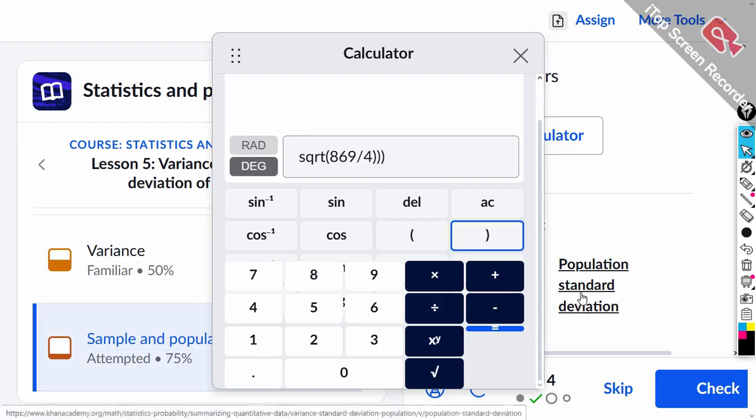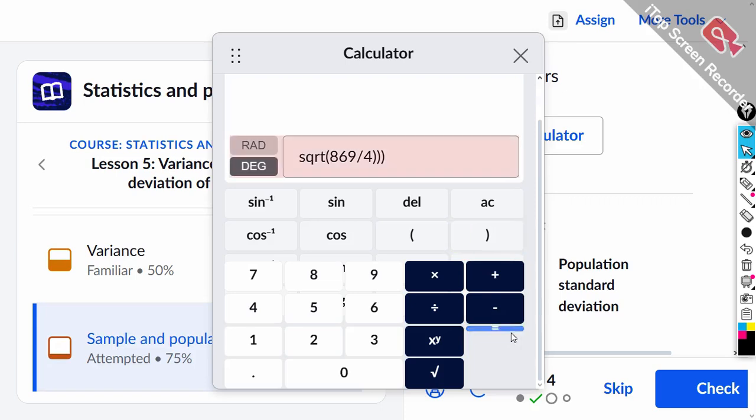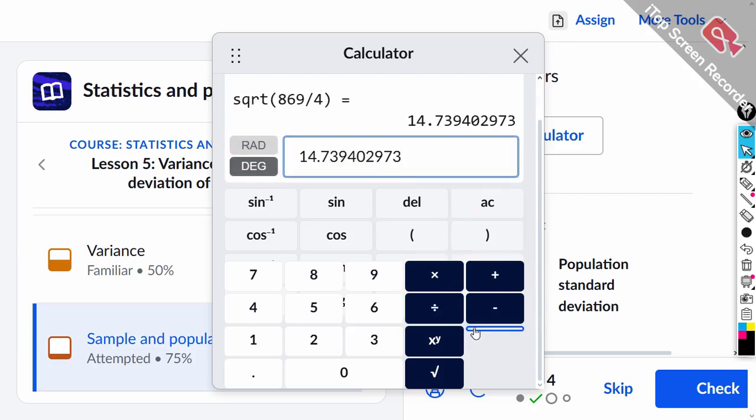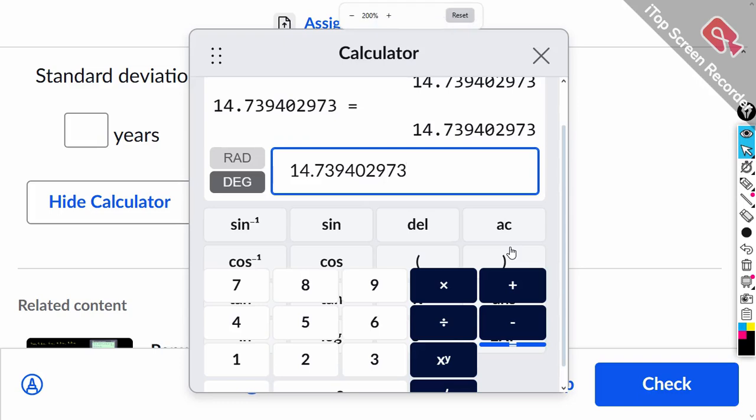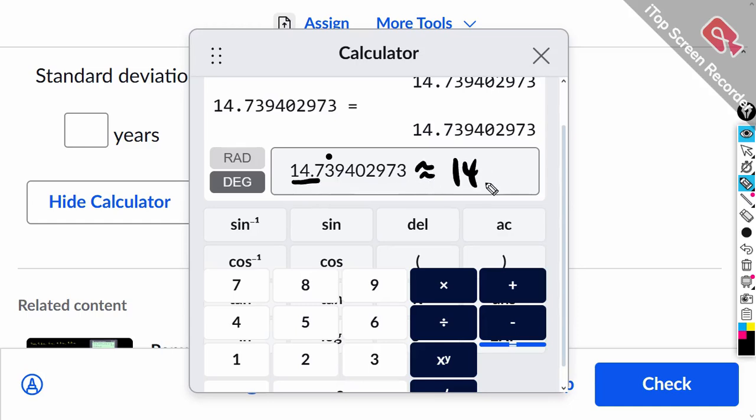Whoops, let me see. Okay, and Khan Academy wants us to round off to 1 decimal place. So 1 decimal place, you just look at the second decimal. If it's less than 5, you round it down. So that's going to be 14.7.